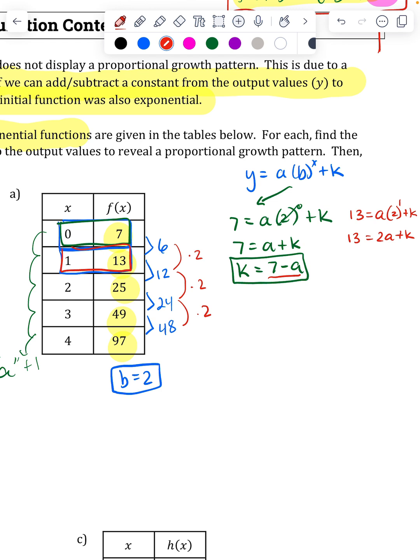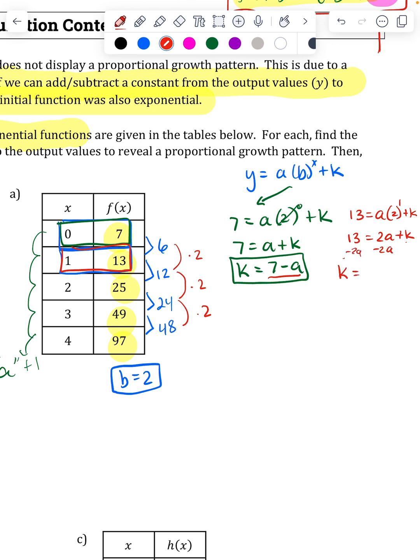So what I'm going to do is take my problem and put that, well, here, actually let's do it this way. This might be easier for you. Let's solve this one for k as well. To get k alone here, I need to take away the 2a.